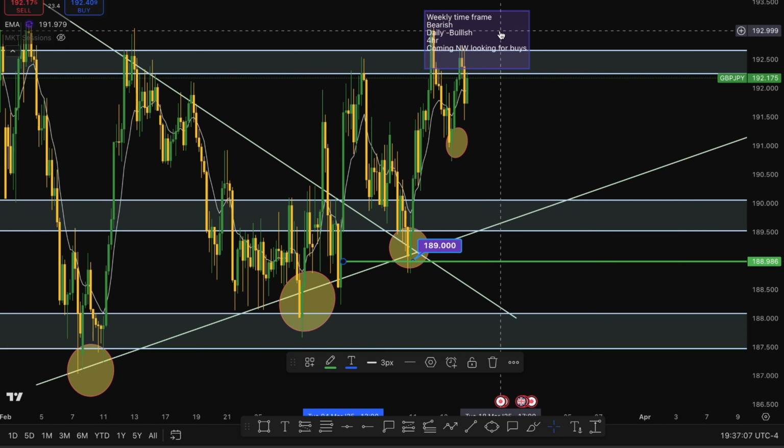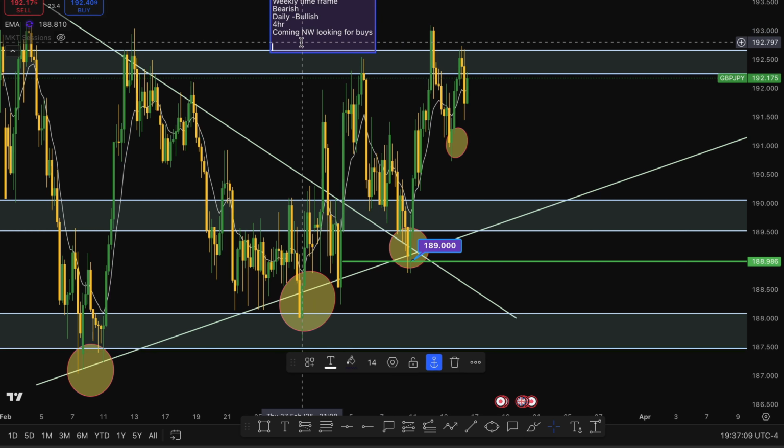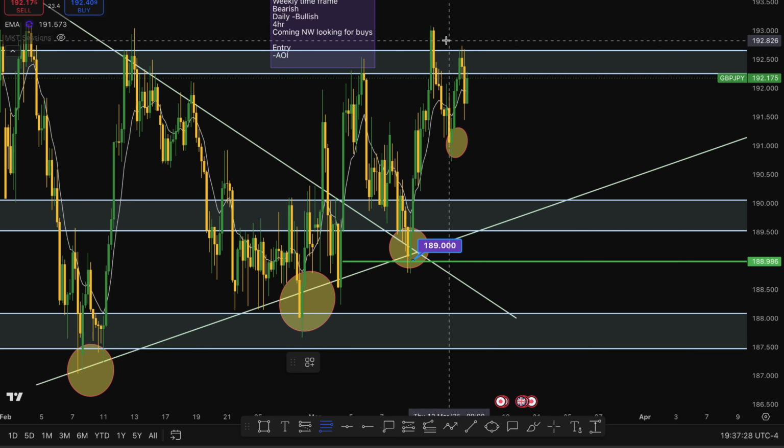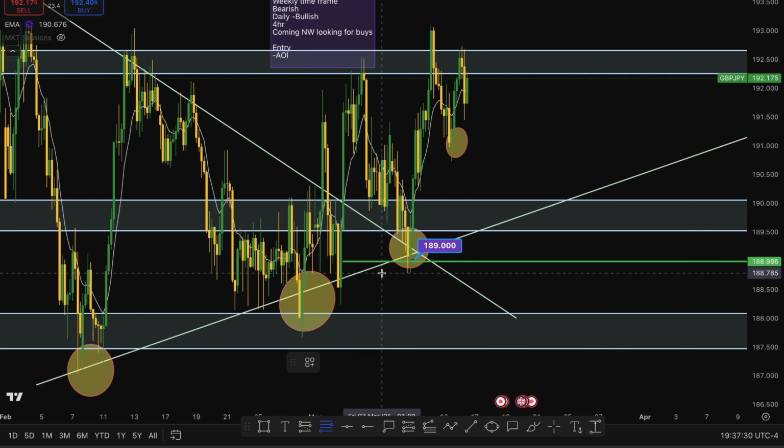Now, what will I be looking for in terms of entry? Okay, so if I should take the buy, the first thing I look for is my area of interest. Where am I looking for price to return before I take that buy? I use my fib tool to determine where I want the candlesticks to land before I choose to take that buy.